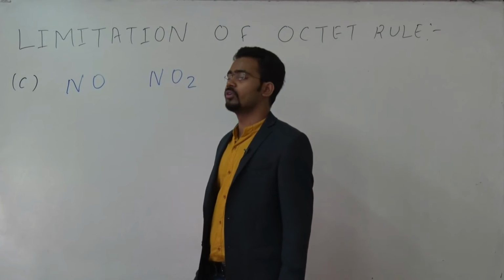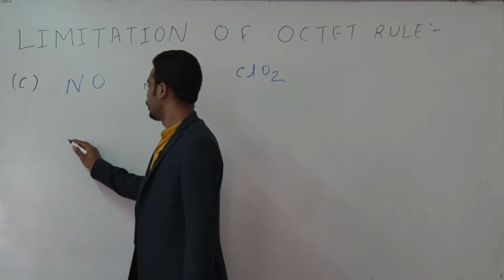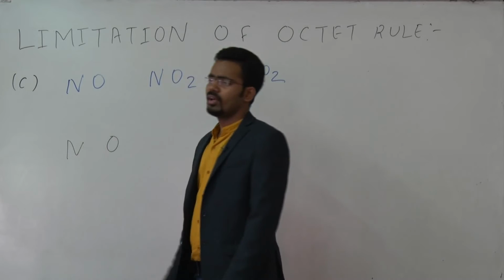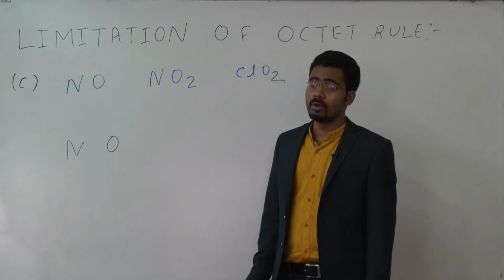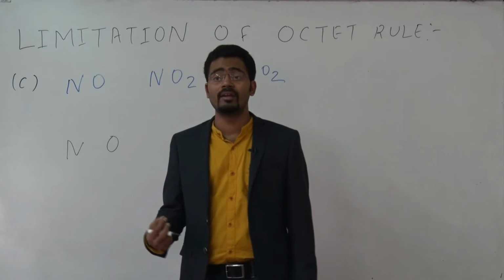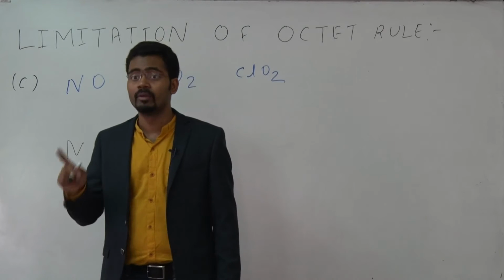How do you draw the Lewis dot structure of NO? First write N and O. Now tell me the valence electrons of nitrogen. How many? 5. So to complete the octet, how many electrons are required? 3. It means nitrogen can share a maximum of 3 electrons.